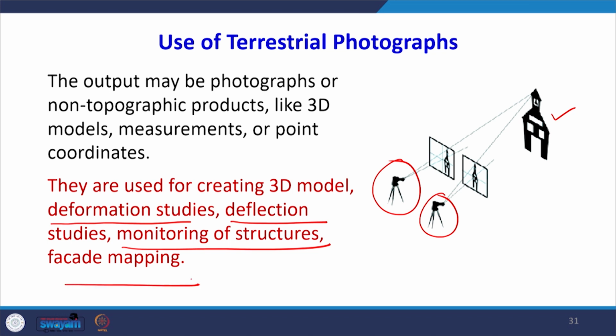These are the advantages of terrestrial mapping, where aerial photogrammetry cannot help us that much. We can get very precise coordinates, and we can monitor the area from a close distance. So for deflection or deformation and damage studies, these photographs are very, very useful to us.